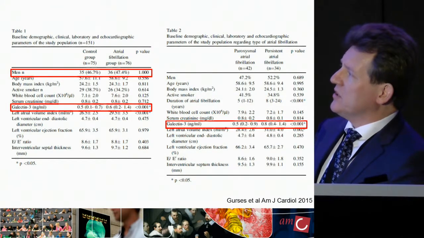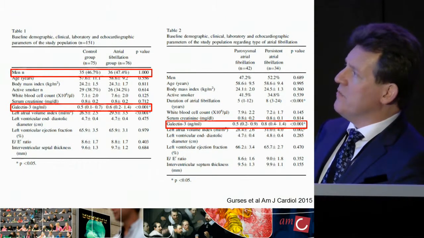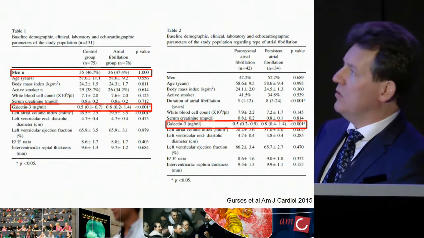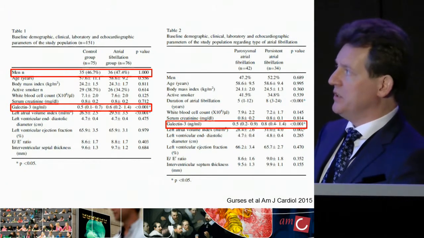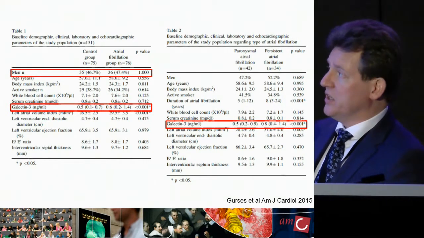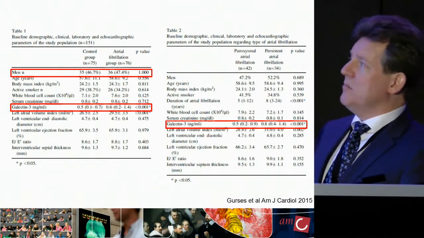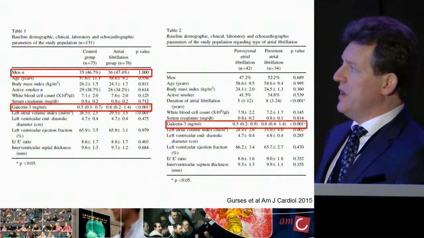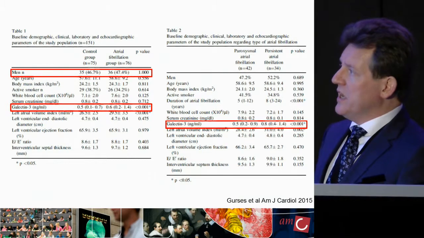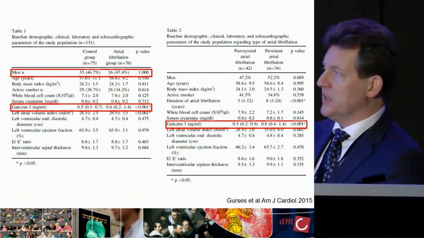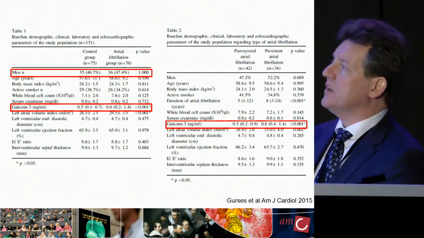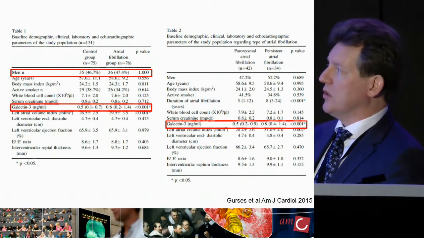What is interesting about the study is that the percentage of men in the cohort is relatively low. This is less than 50%, and in most AF ablation studies and in most AF studies, the men are in the majority. And what's also interesting is that the amount of galectin here, and maybe this is the kit they used to determine it, is relatively low compared to other studies.